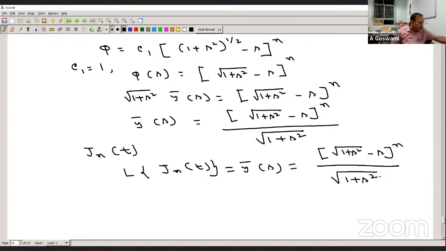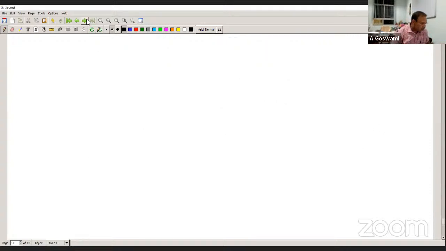Ultimately, you can find the solution Jn(t) using the Laplace transform. You can obtain so many forms, I think. I'm just writing the forms because that may be better for you. You may check it using proper calculations because it takes a lot of time.